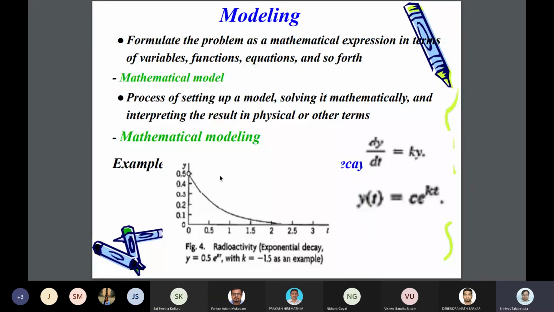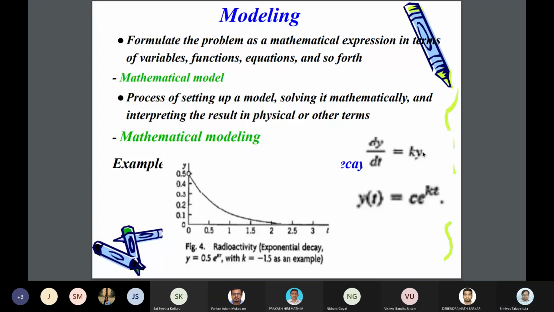Radioactive decay is one of the examples usually given. Suppose you have the decay represented by an exponential. See, the solution is coming out to be exponential. Suppose the rate of decay is dependent on the quantity at any given point, not only the starting point. So dy by dt is proportional to y.